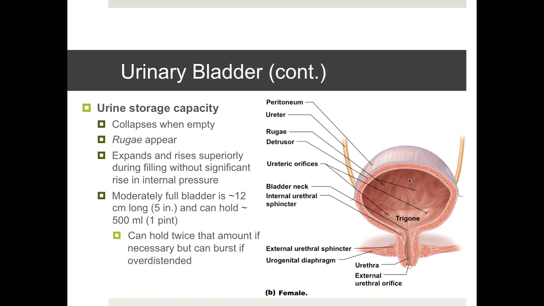When our bladder fills, it will expand and rise superiorly during filling without significant rise in internal pressure. A moderately full bladder is going to be about 12 centimeters long or 5 inches and can hold about 500 milliliters or 1 pint. We can hold twice that amount if necessary, but it can burst if it is distended.